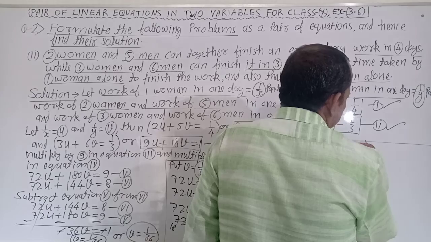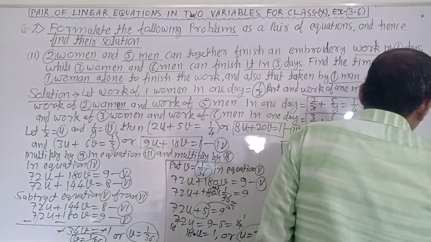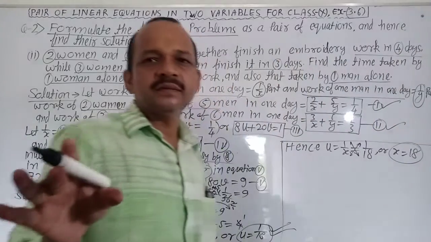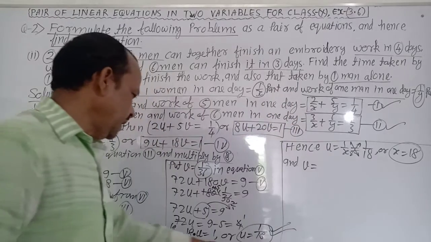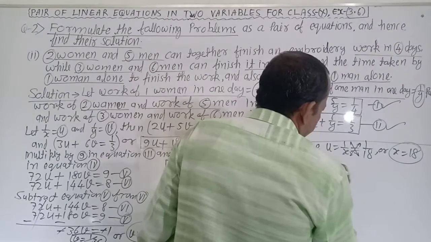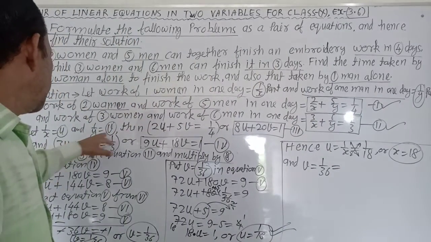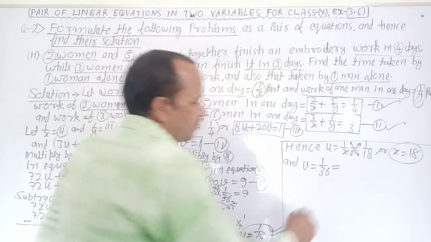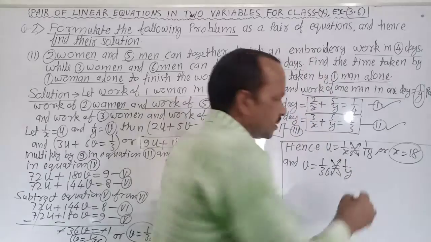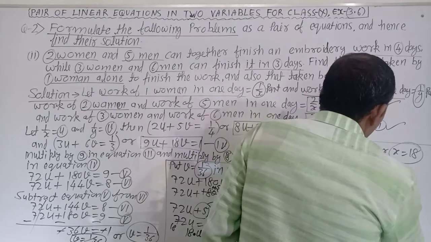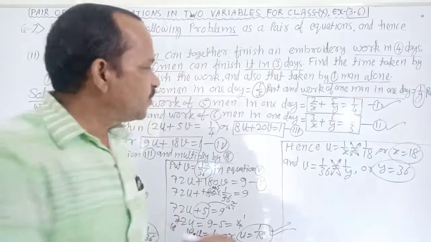Cross multiply, x equal to 18 and v equal to 1 by 36. Here let v equal to 1 by y. Cross multiply, y equal to 36. Clear?